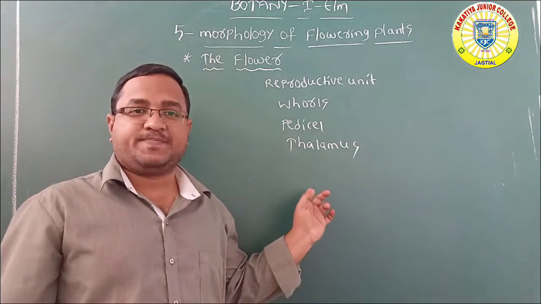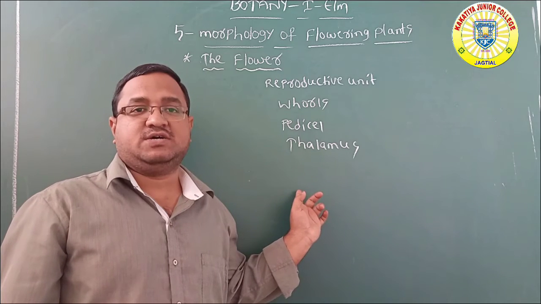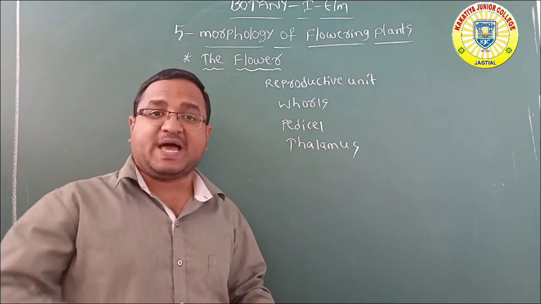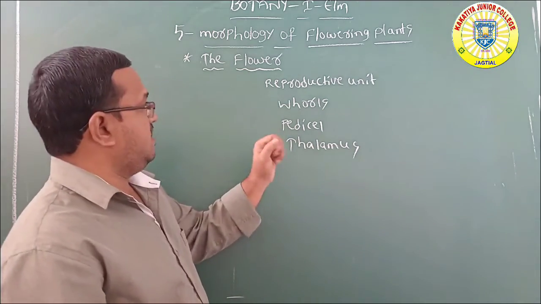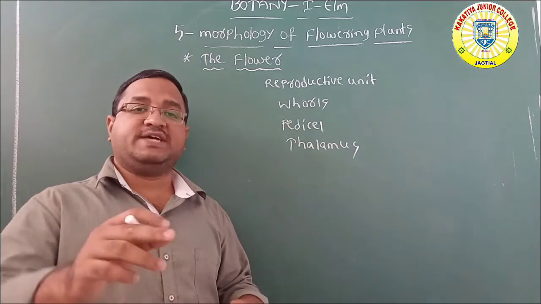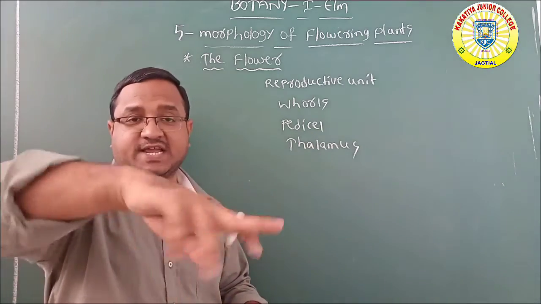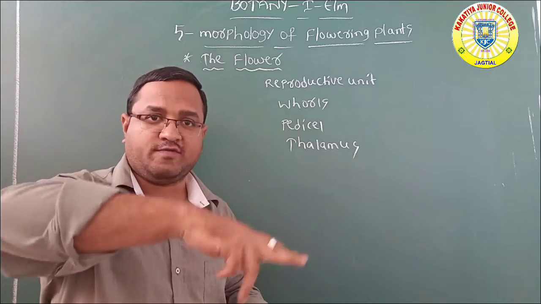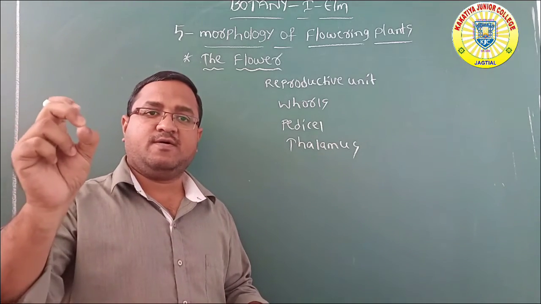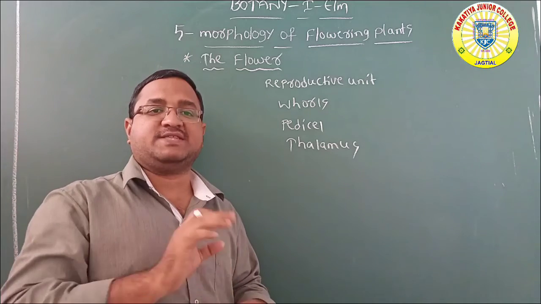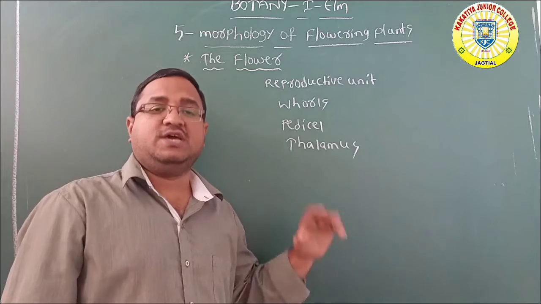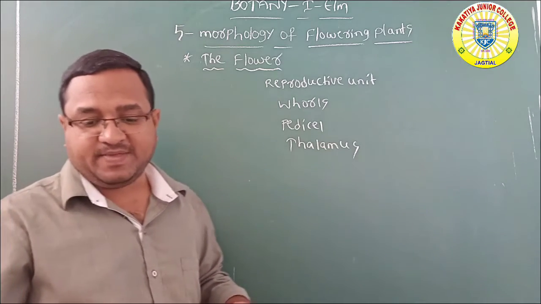Each part is represented with one whorl, one circle. In each whorl, each floral part is present. So the floral parts develop on the thalamus.